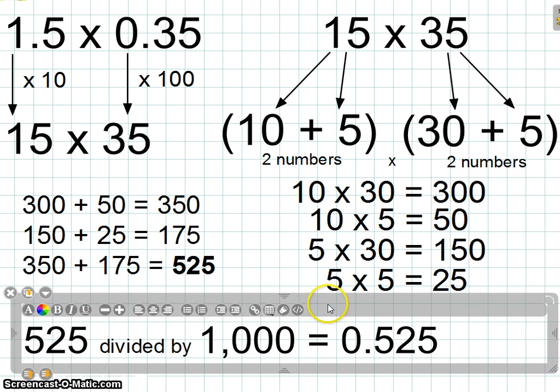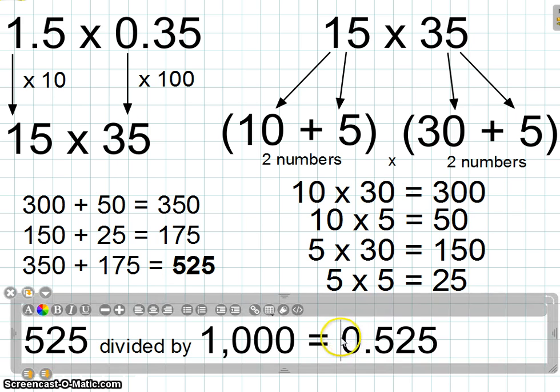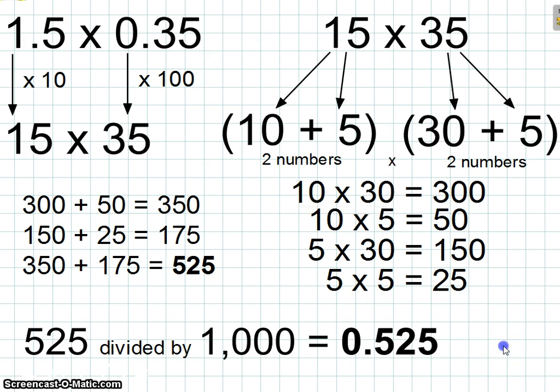Sorry, I already prepared the answer, but if we do 525 divided by 1,000, because the decimal place for 525 moves 3 places to the left, 1, 2, 3 places to the left, the answer is going to be 0.525. And I'll just bold that as well.